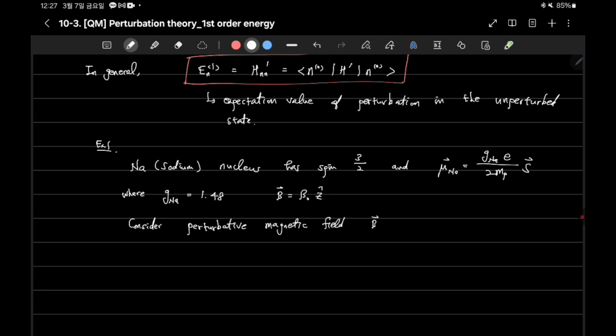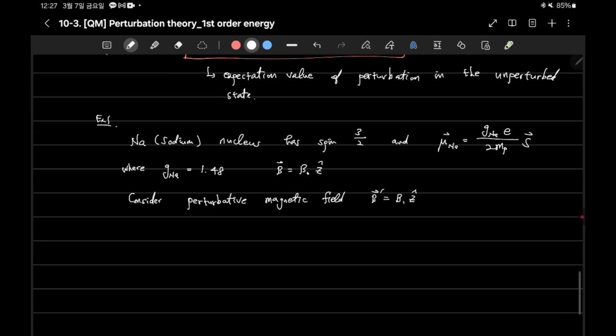The perturbative magnetic field B1 is applied along the same direction. Let's find the first order energy shift.